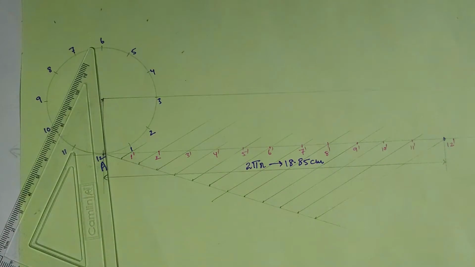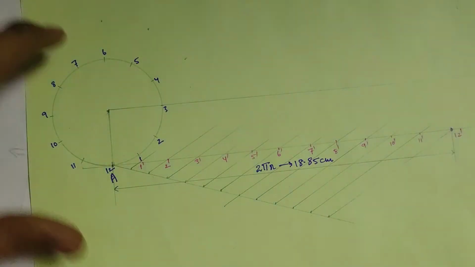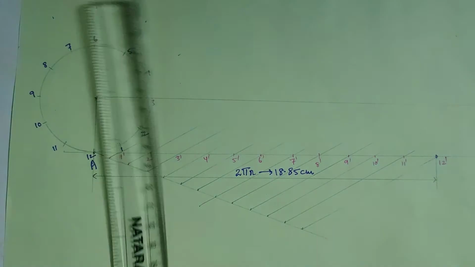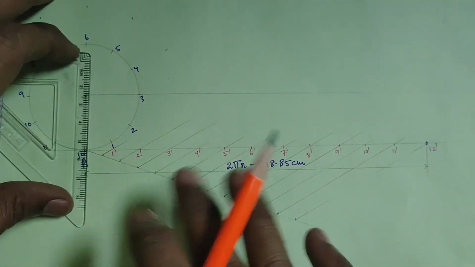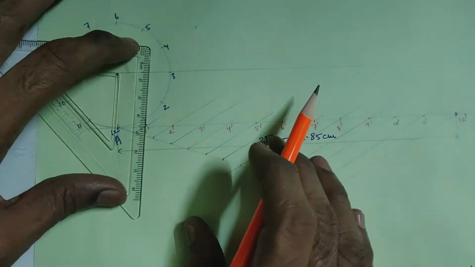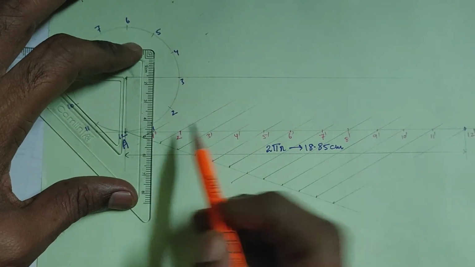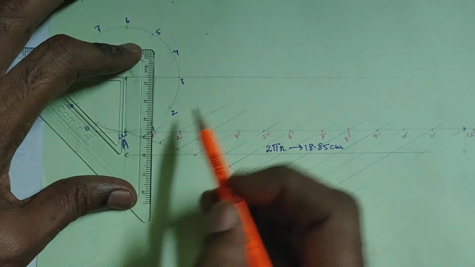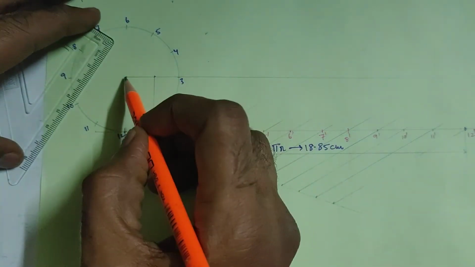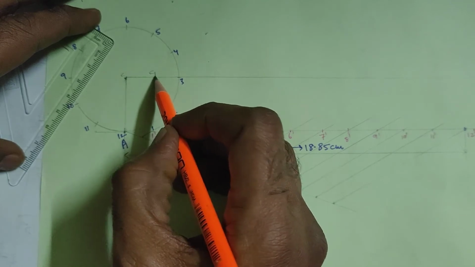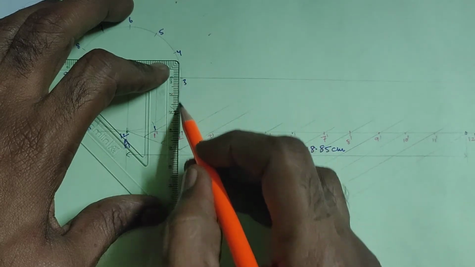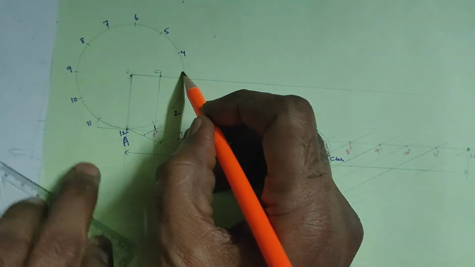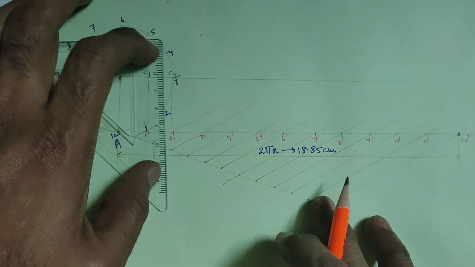This is the center line, and after that I am erecting the different positions of the center from the reference line. When the point moves from 1 to 1 dash, initially this will be C, and here this will be C1, and when the point comes to 2, this will be the new position of the center, C2, like that it goes on.